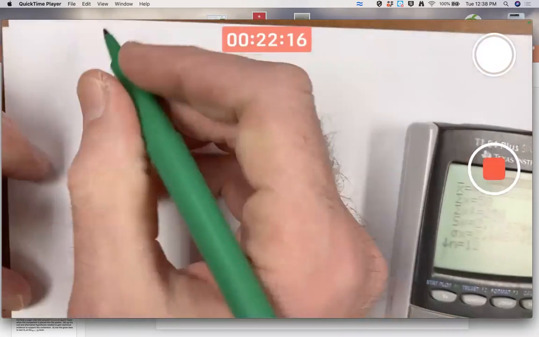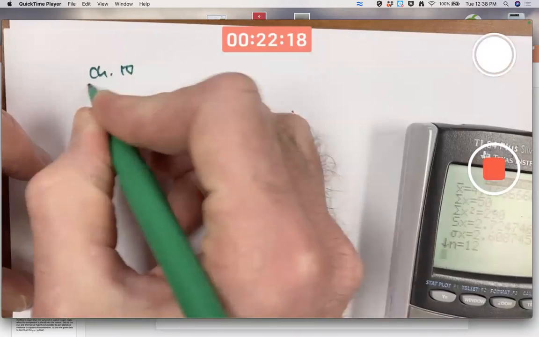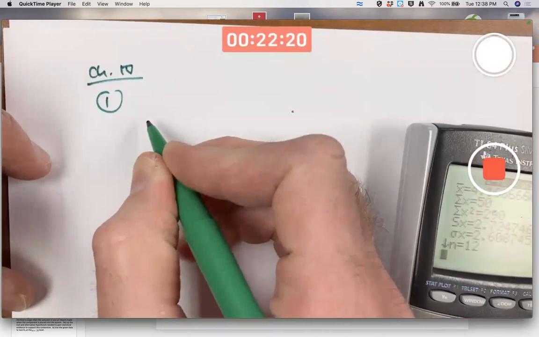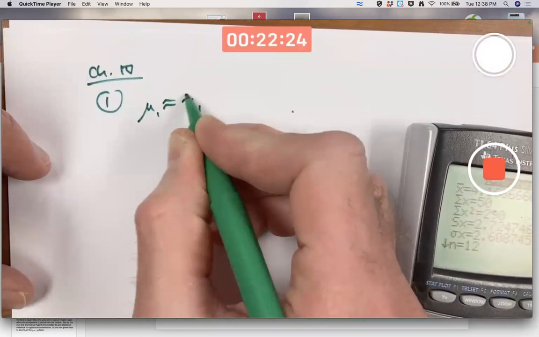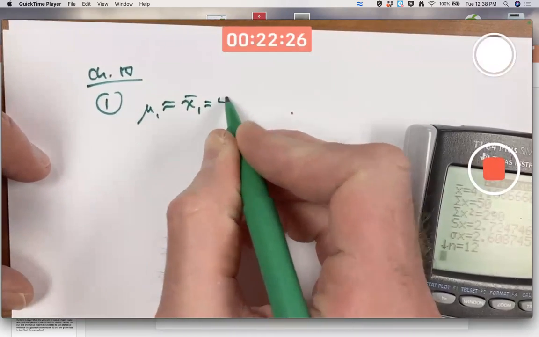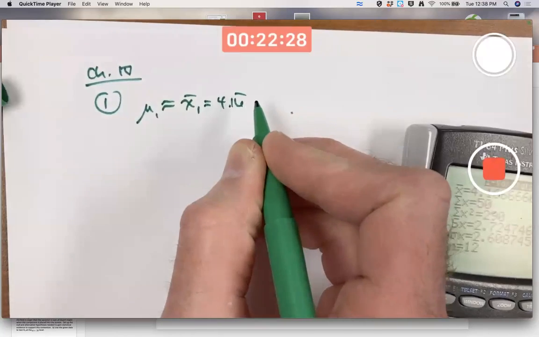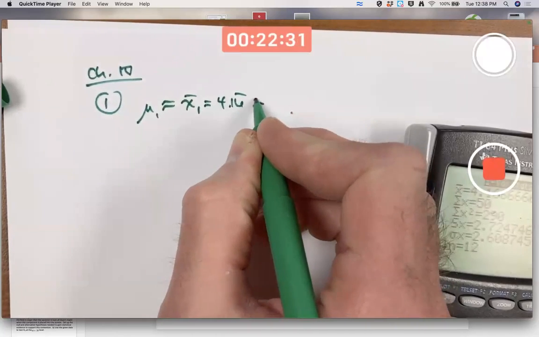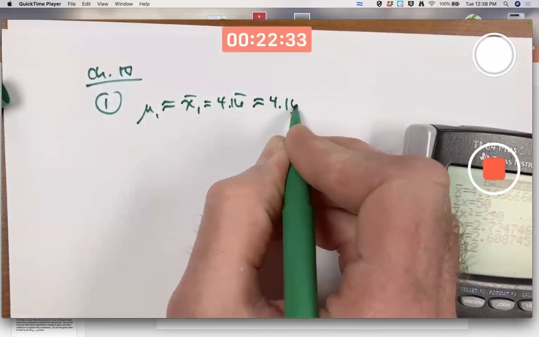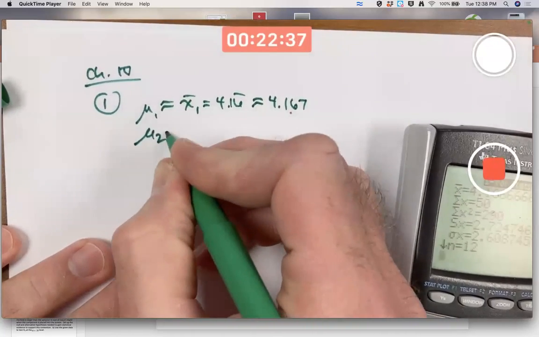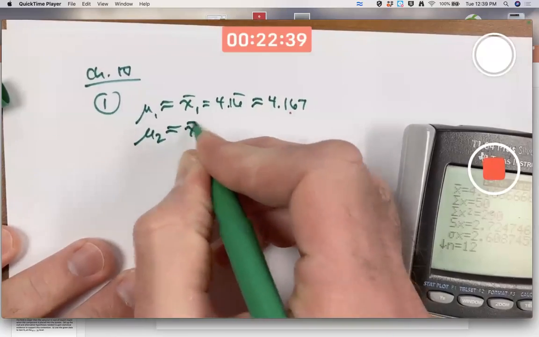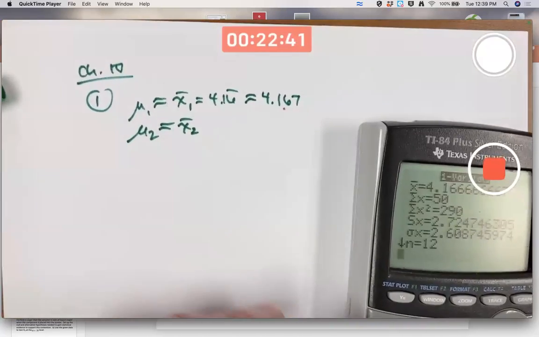This is chapter 10, number 1. You could write mu1 is approximately the observed value of x1 bar, which is 4.16 repeating, which you could also approximate to say 4.167 or something. Mu2 is approximated by the observed value of x2 bar. I need list 2.